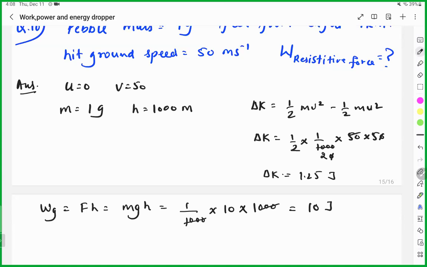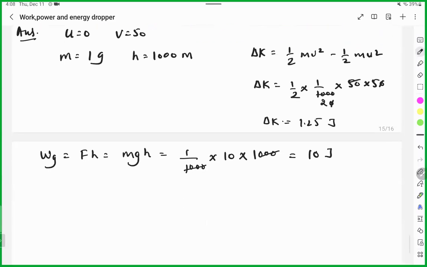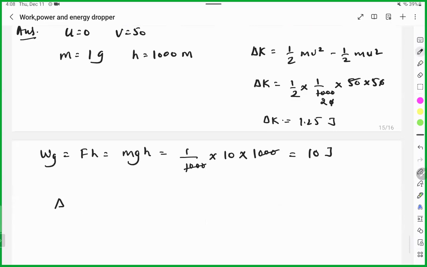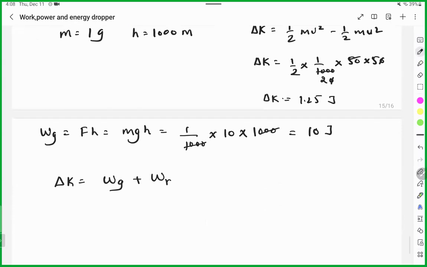So what is the remaining? It will be friction, right? Total kinetic energy change will be equal to the work done by gravity and the work done by the resistance. If you calculate work done because of the resistance, how will you calculate? Change in kinetic energy minus this. This is 1.25 minus 10, which is minus 8.75. Yes or no, guys? Yes, sir.